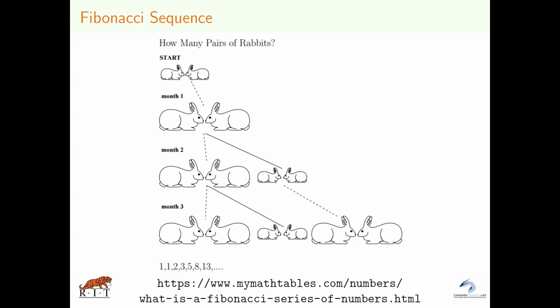So his assumption was that on the first month, the rabbits are still small to produce, and they can produce a new pair only on the second month.